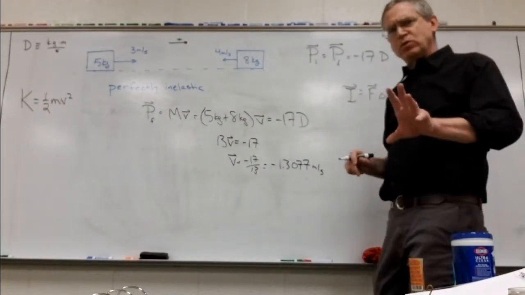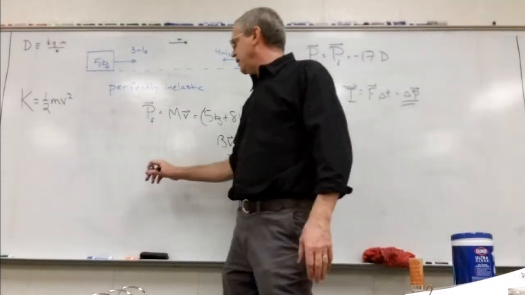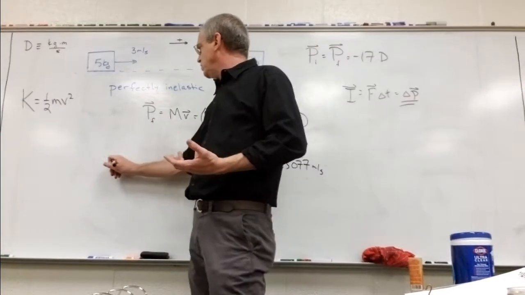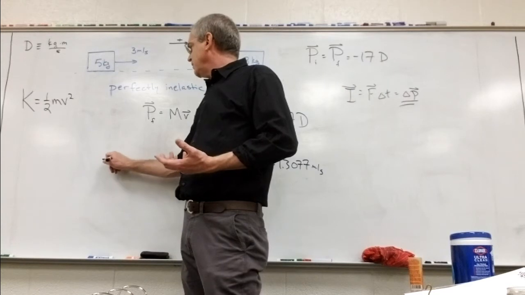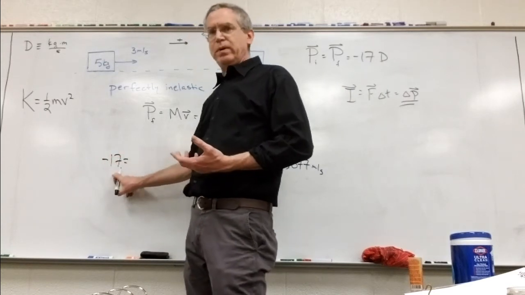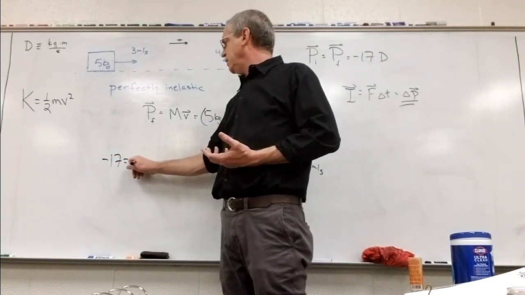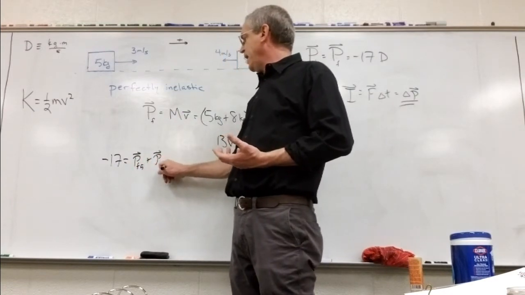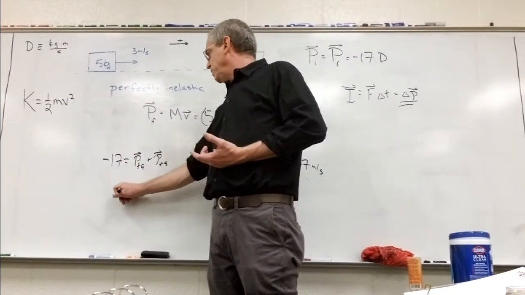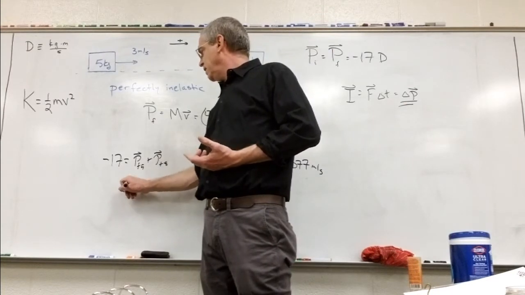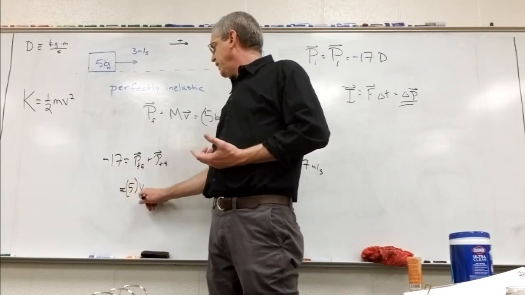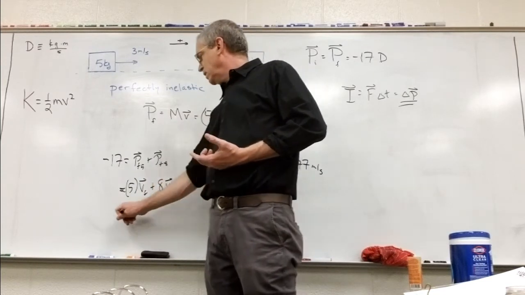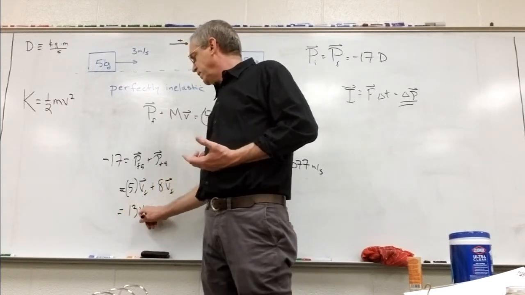Well, I said there are two ways of looking at this. The other way of looking at it is, I know if they stick together, their final velocities must be the same, so I could treat this as negative 17, that's the total momentum, is equal to the momentum final of the 5 plus the momentum final of the 8, which would be 5 times v final plus 8 times v final, which is 13 times v final.